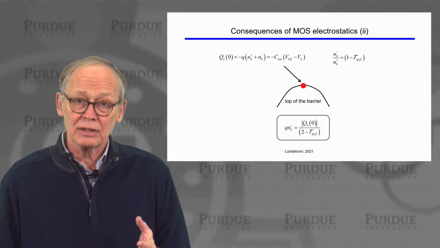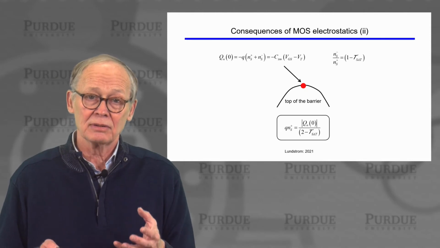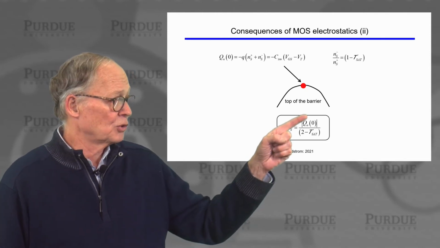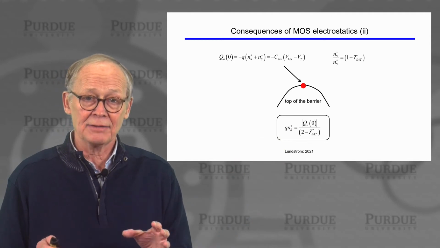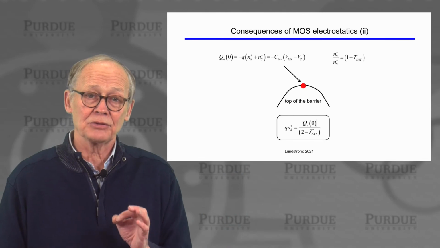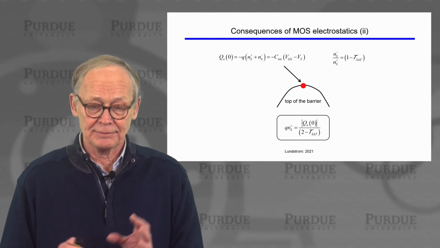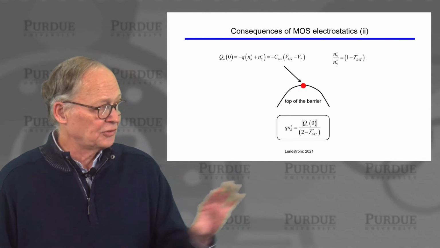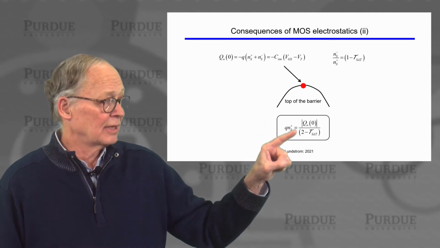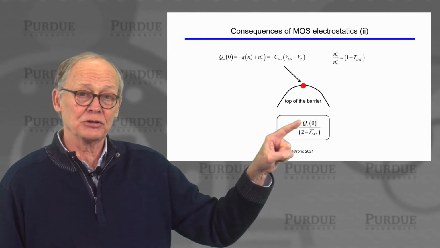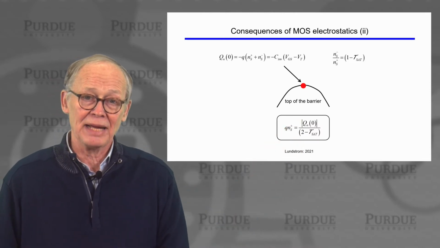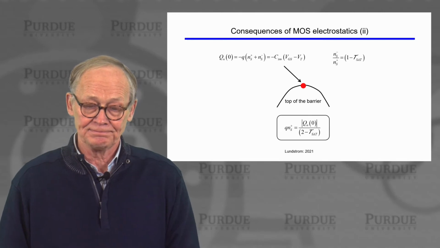So we could solve for the number of electrons with positive velocities. It would be the total number maintained by MOS electrostatics divided by 2 minus transmission. So this tells us what the number of electrons is. The numerator is determined by MOS electrostatics, and the denominator comes from the backscattering that occurs in the channel.